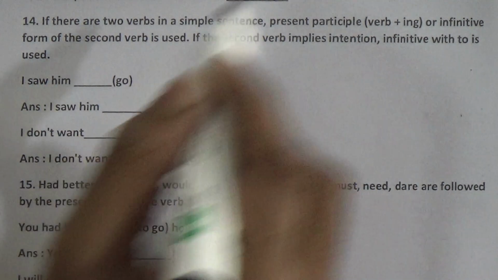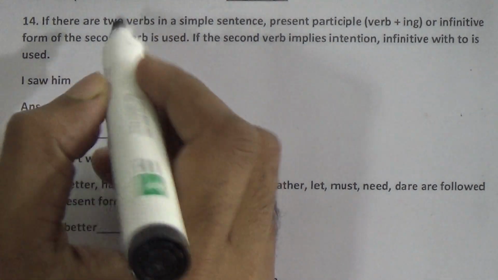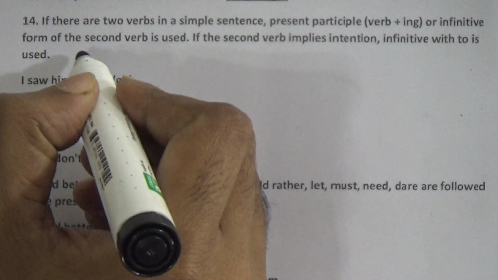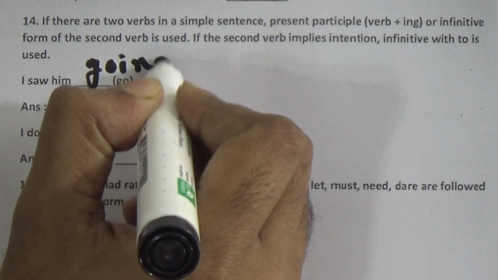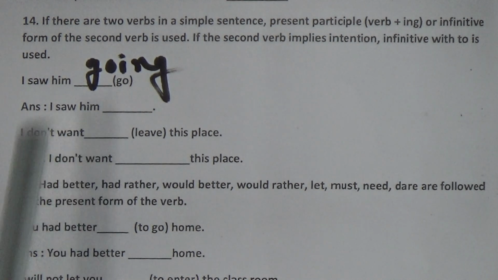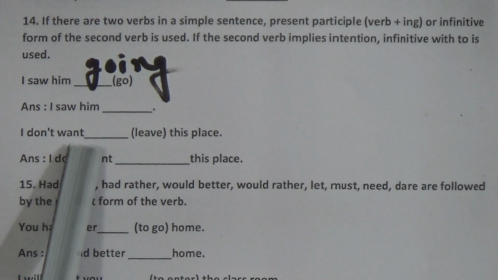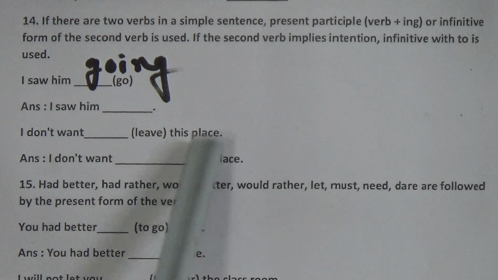I saw him. This is a simple tense, so here we will use the ing form, that means present participle. I saw him going. The second sentence, I don't want dash leave this place.